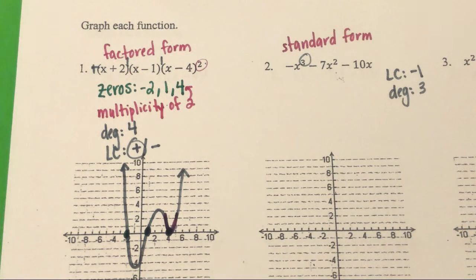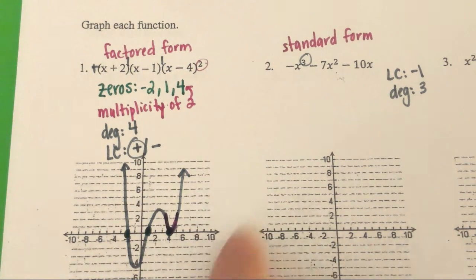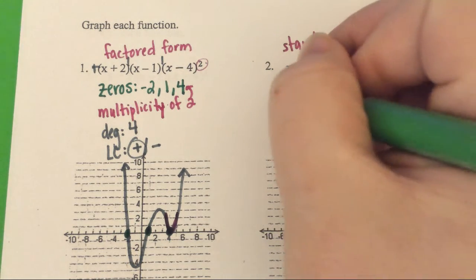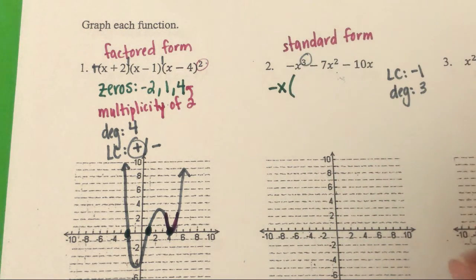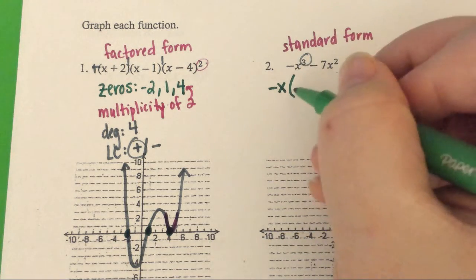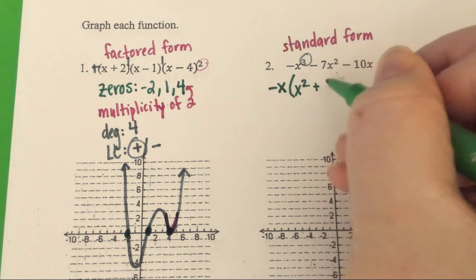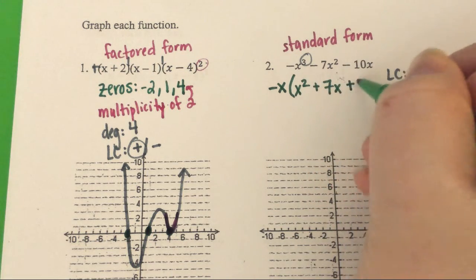Okay, but factored form was nicer because we could instantly see those zeros. We can't instantly see those zeros in number 2. We're going to need to factor and get to factored form. Is there something I could pull out of every single term? So if I pull out that GCF of -x, I heard 2 groups say it, both get a point. I would be left with x squared plus 7x plus 10.